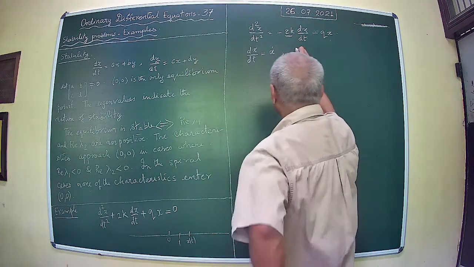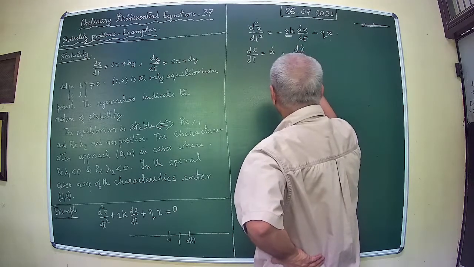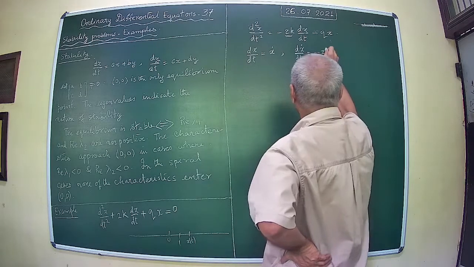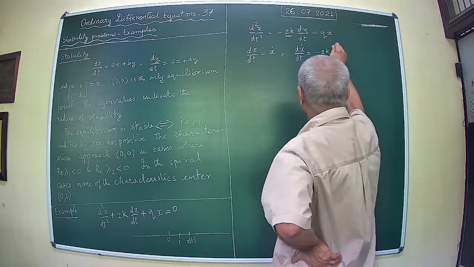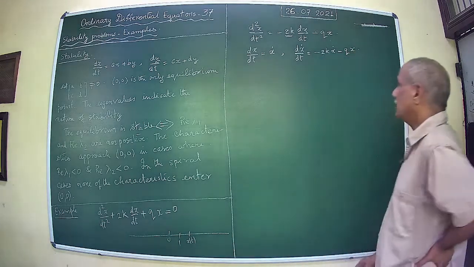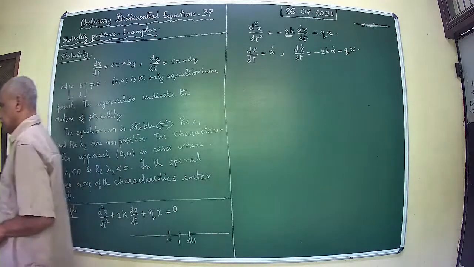Then you have d x dot by dt, that is this term. This is equal to minus 2k x dot minus 2x. So now you see, you have two variables now, x and x dot.